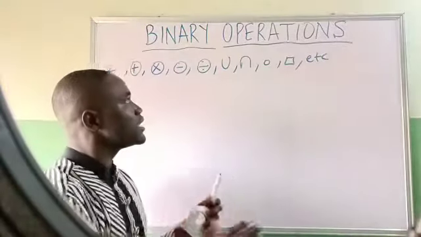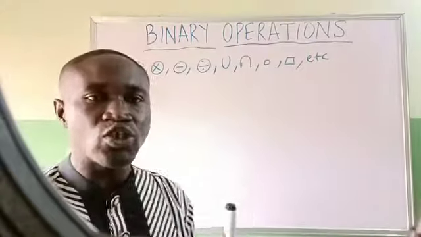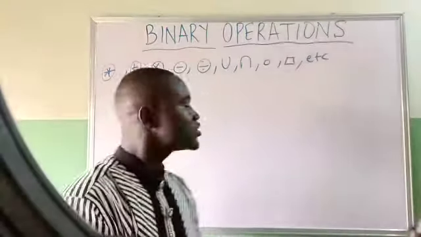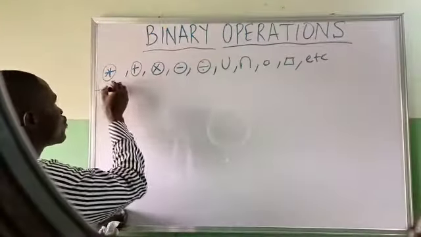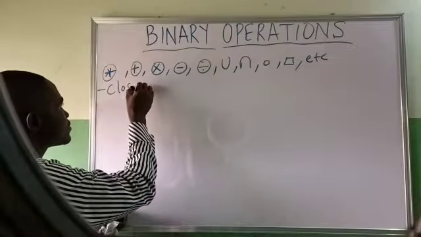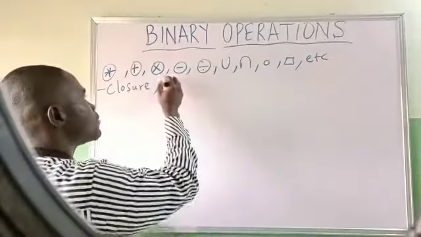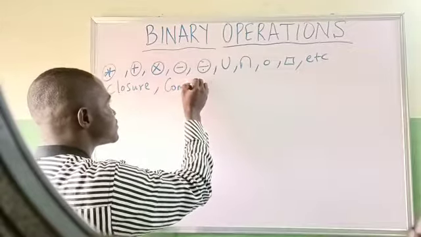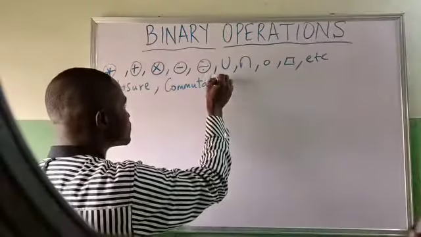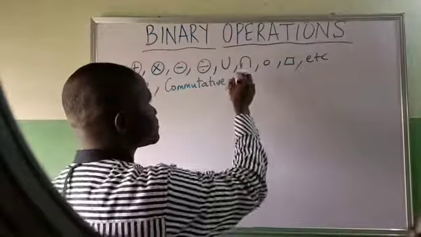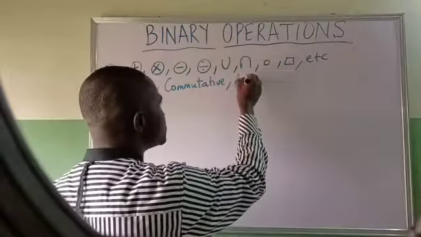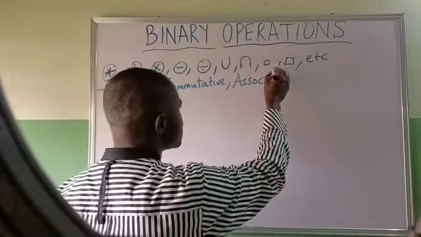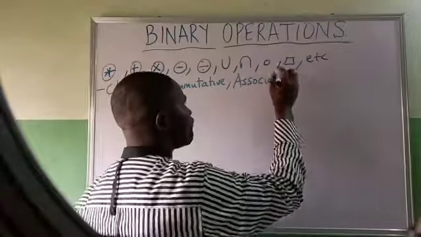Now, this binary operation has so many properties. Let's discuss some of the properties. 1. Closure property. 2. Commutative property. 3. Associative property. 4.